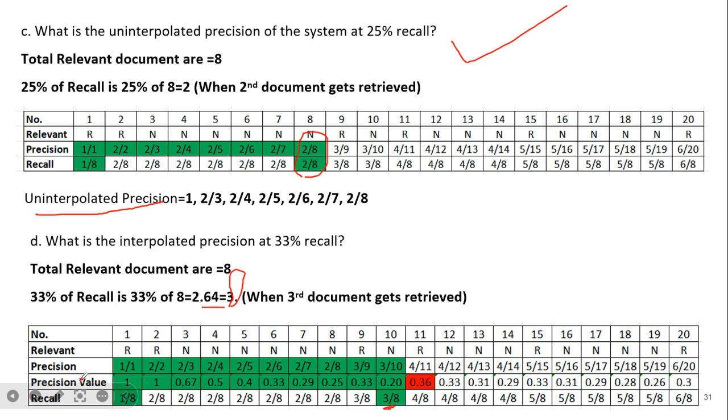I have written the precision values for simplicity, and if you observe at this step, we can take this precision value or the next precision value which is larger. Even if we compare this and the next, we get 0.36, and even if we compare with the rest, again we get 0.36. So therefore the answer is 0.36. For that, your interpolated precision concept should be clear to solve this problem.